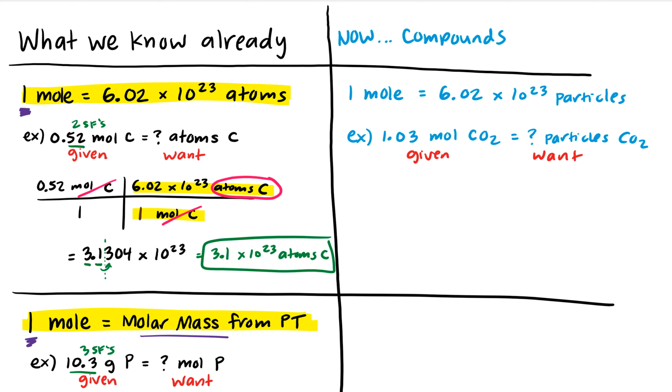The dimensional analysis process is the same. I take my given, 1.03 moles of CO2. I can put that over 1 as a placeholder. I know I'm going to have to put moles of CO2 on the bottom. And since I'm solving for particles, particles is going to go on the top.